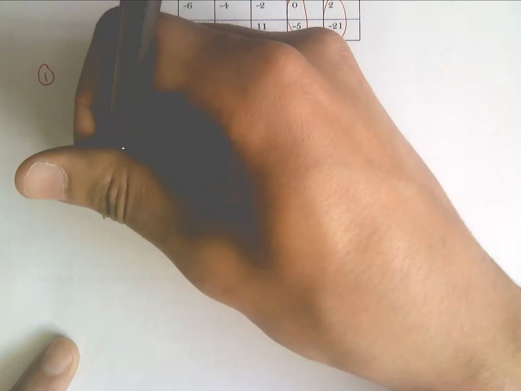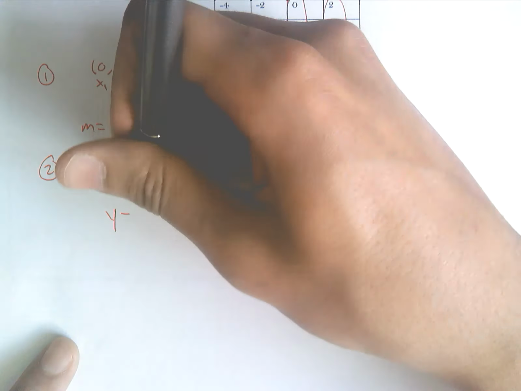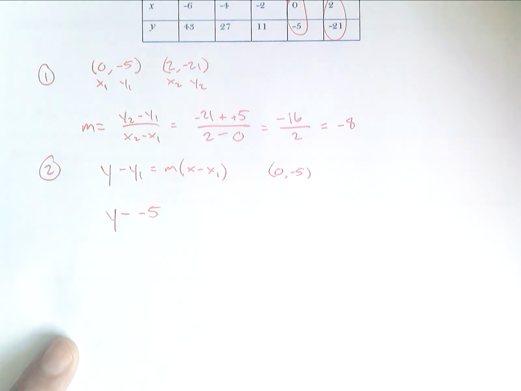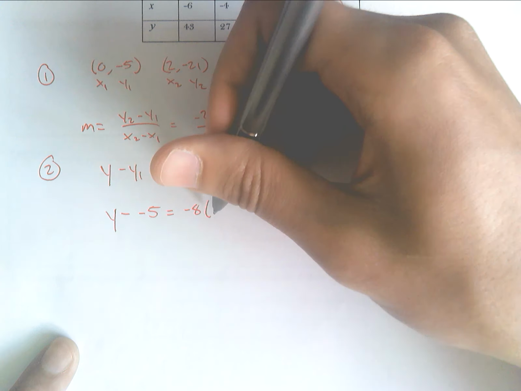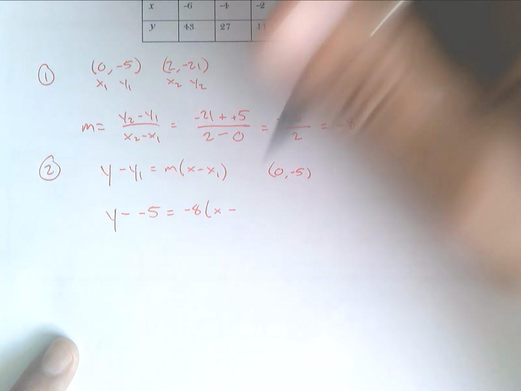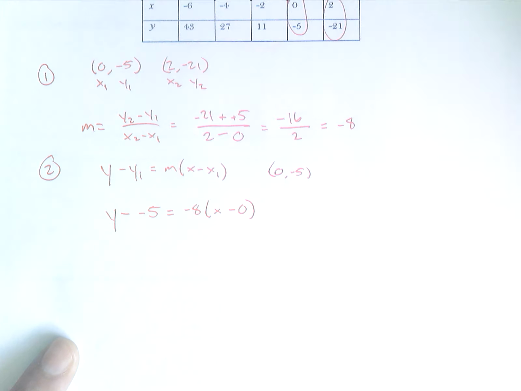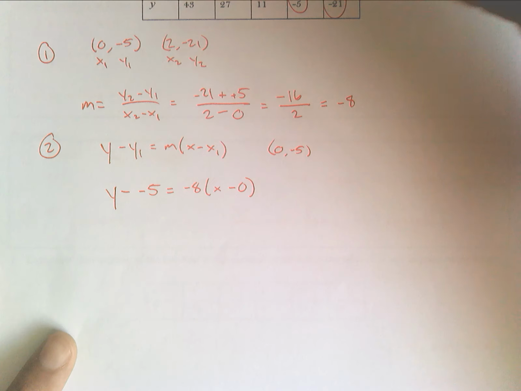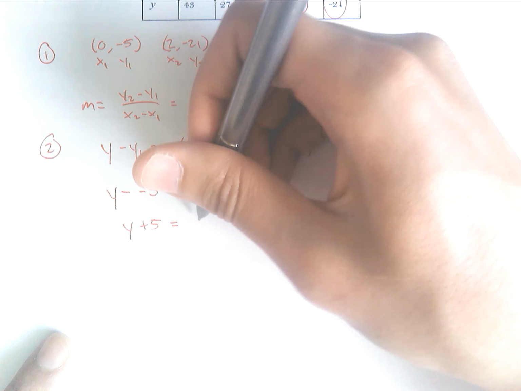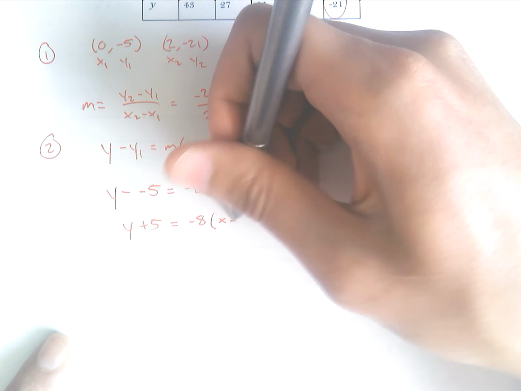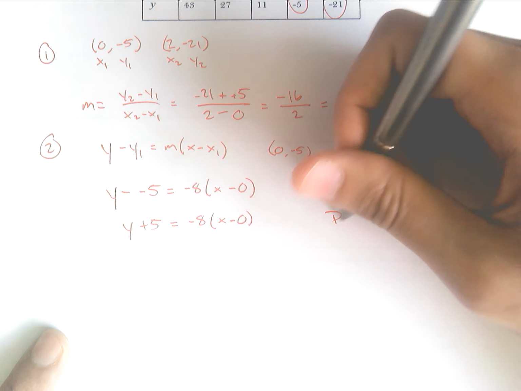So we have y minus y1. Well, y1 is -5, equals our slope, -8, times x minus x1. Well, x1 is 0. Let's get rid of that double negative. So we have y plus 5 equals -8 times x minus 0. So this here is in point slope form.